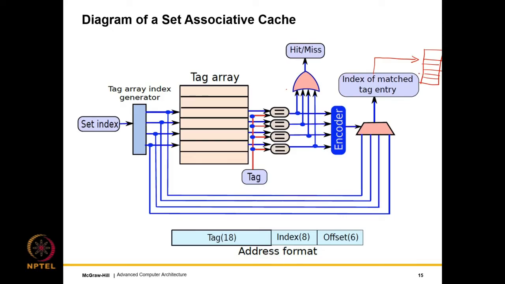But the tags and the data array entries are all being read in parallel, and this is going to give us an advantage in terms of time. Of course not in terms of power, because we are doing wasted work, but at least for speeding up reads, this is going to be a very useful technique.